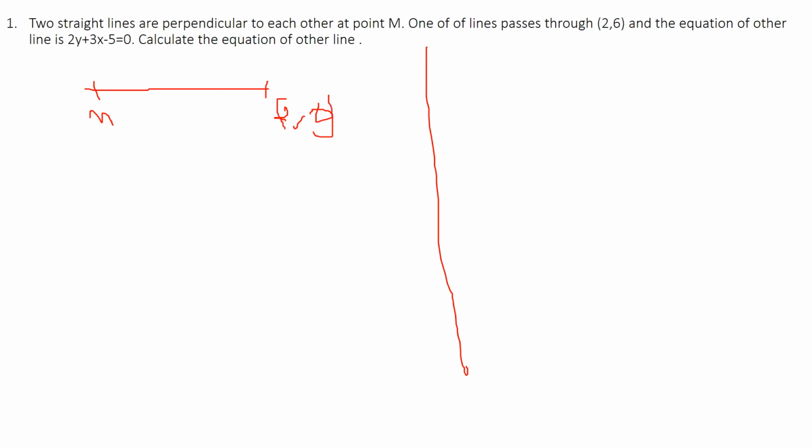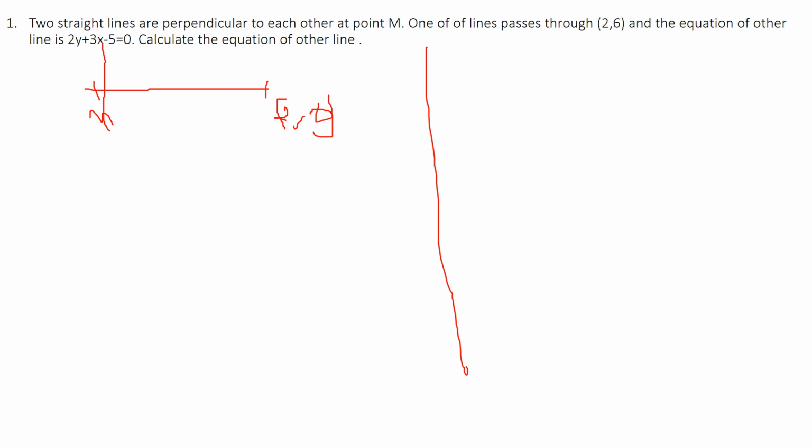So then we are to calculate the equation of these two lines, and then we have the other line that is passing through here, and we need the equation of that.